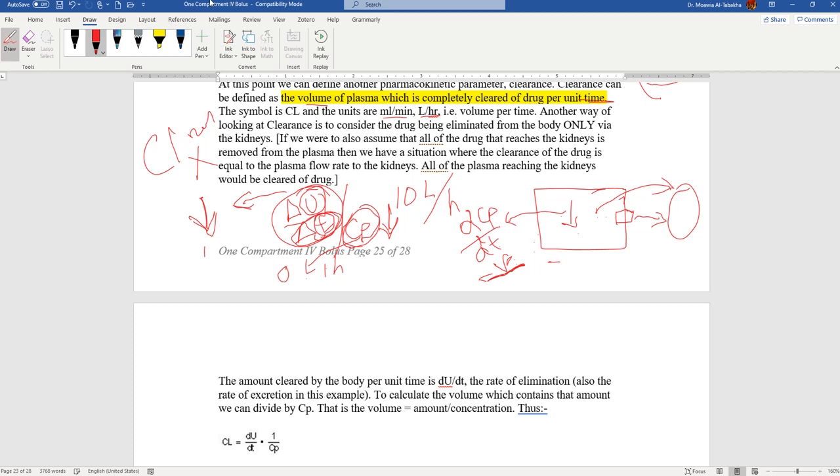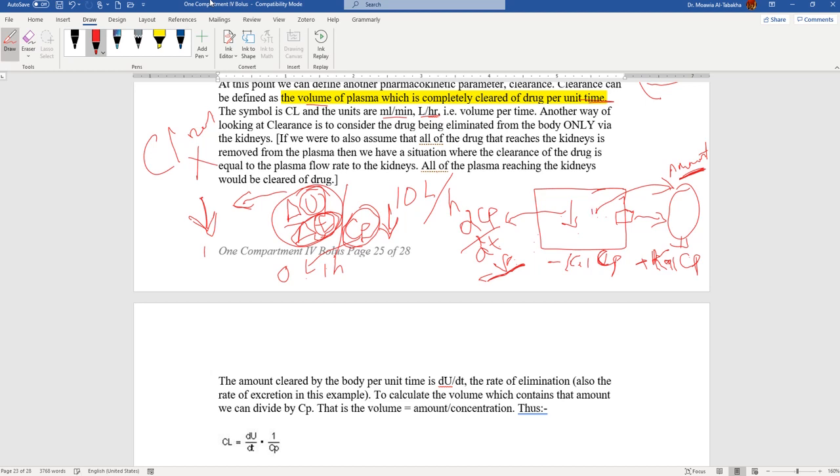We said this one is equal to minus KEL times CP here. Okay, this one is the same. So it's KEL times CP, but it is positive. Also here we are concerned with amount, not concentration. The amount of drug that gets out, not the concentration of drug that gets out.